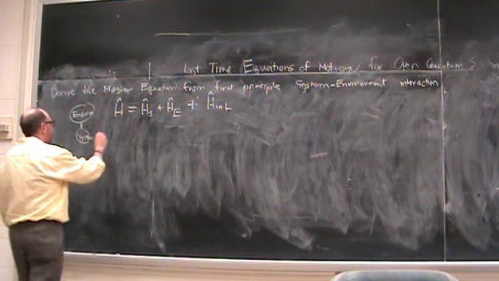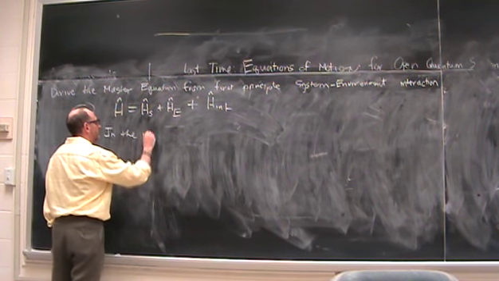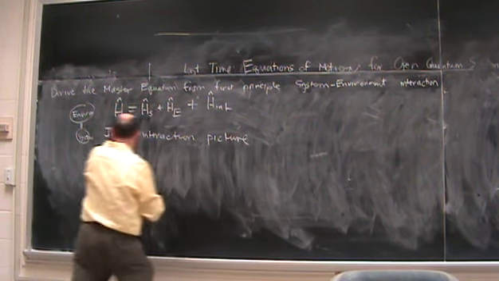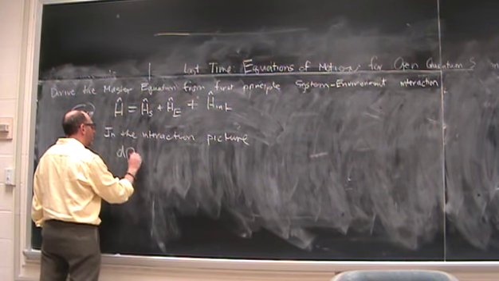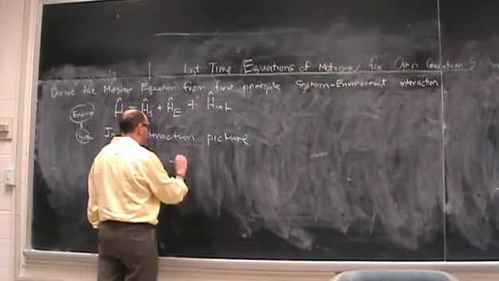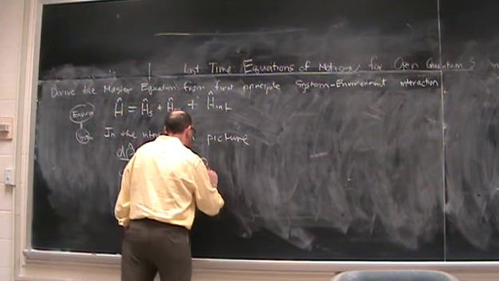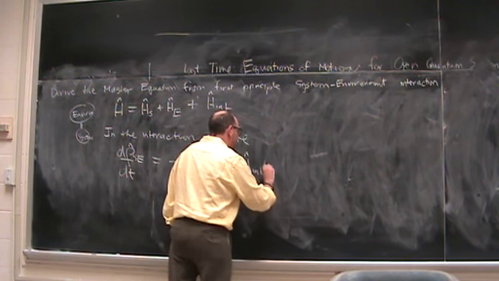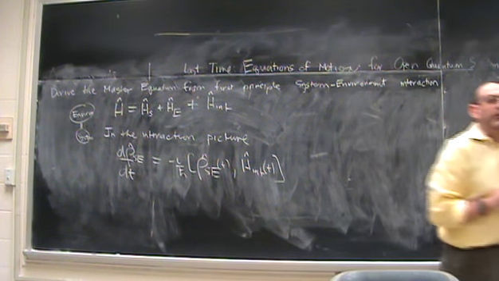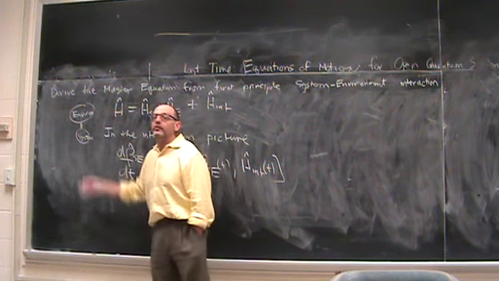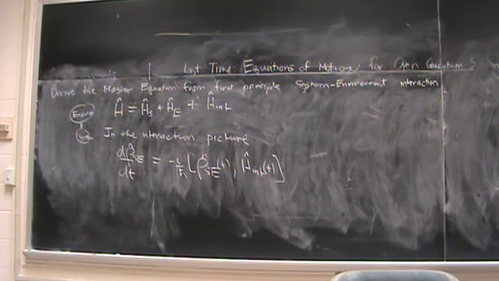And in the interaction picture, the total state of the joint system-environment evolves according to the Schrödinger equation, bless you, where the interaction is the generator of the evolution, where the interaction Hamiltonian has the system and environment degrees of freedom evolving according to the free Hamiltonians of system and environment.